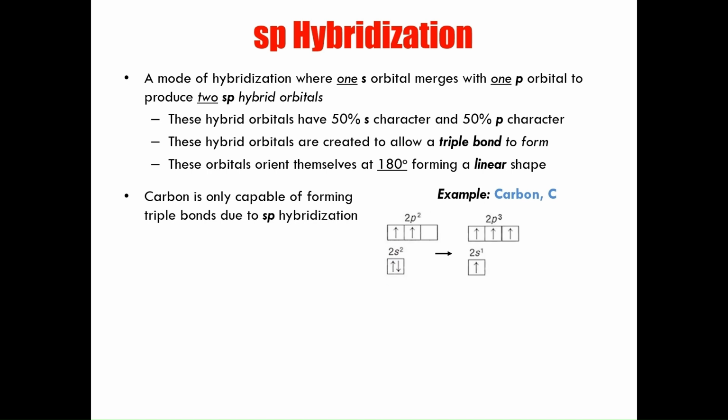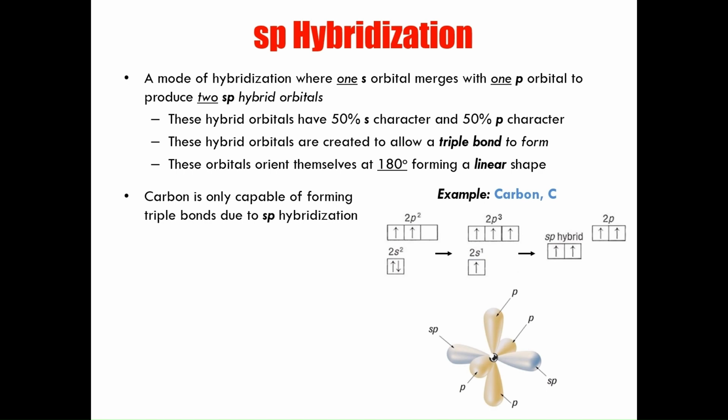As always, one of the electrons in the 2s orbital will jump into the empty p orbital to create 4 half-filled orbitals. For sp hybridization, this s orbital will hybridize with one p orbital to create 2 sp hybrid orbitals, leaving intact 2 p orbitals.